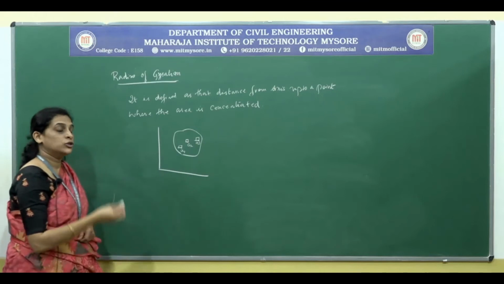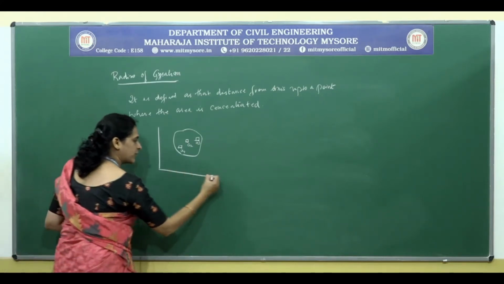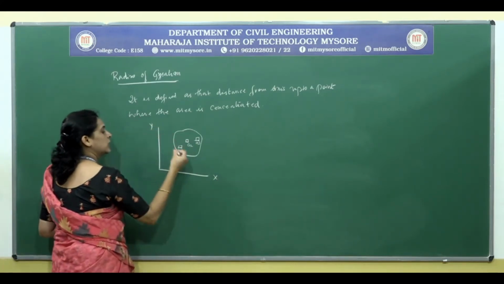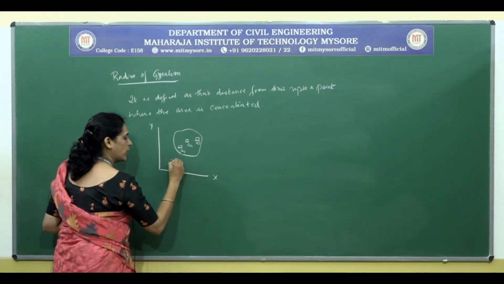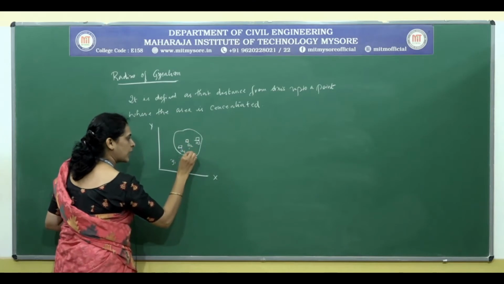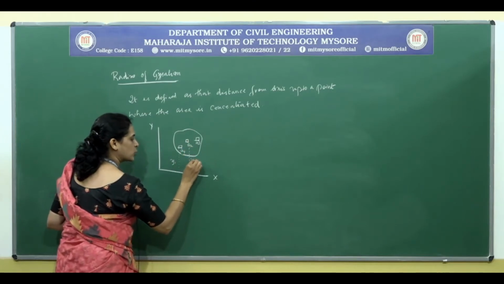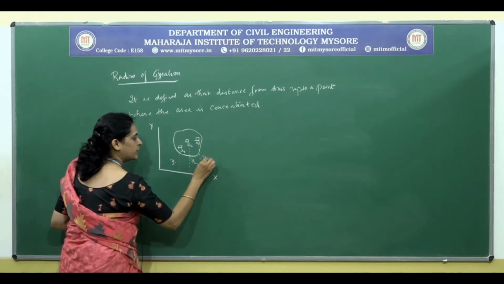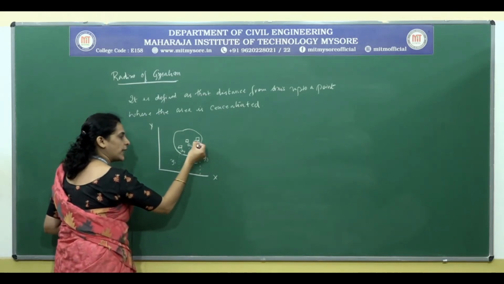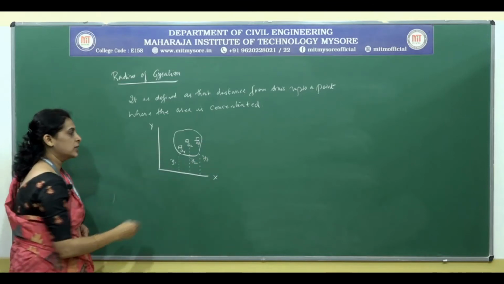A3. So, if we are considering the reference axis, A1 is placed at some distance apart, Y1 from x-axis, A2 at some distance Y2 from x-axis, and Y3 is the distance of A3 from x-axis.